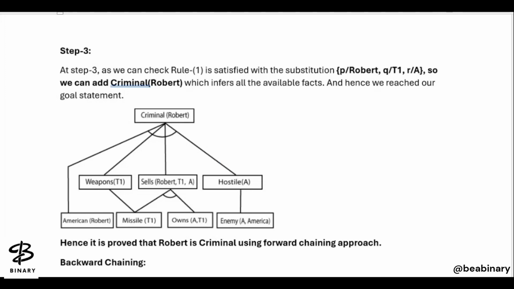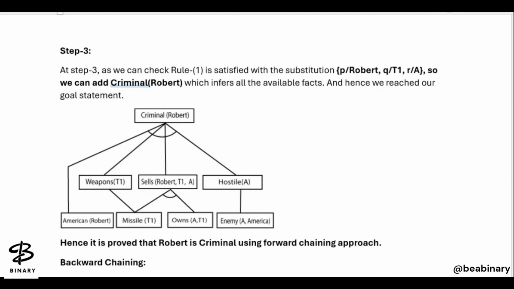Forward chaining can generate an infinite number of possible conclusions, because here the goal is not there. From the existing data, we can derive any number of conclusions.